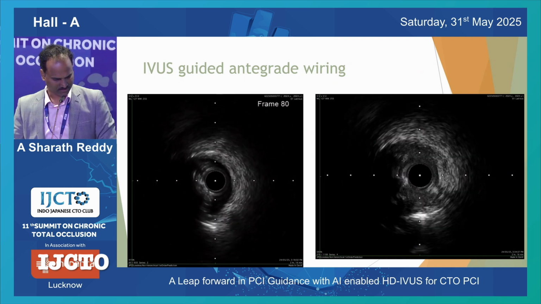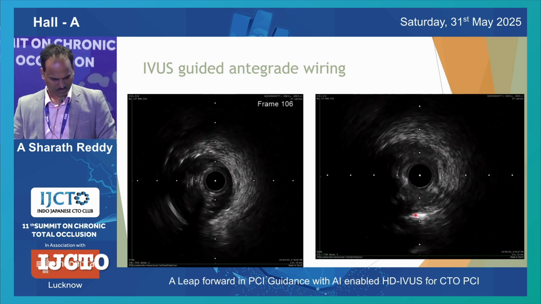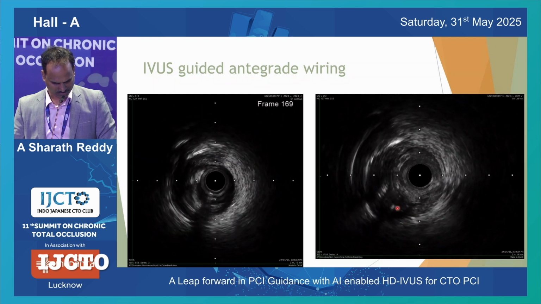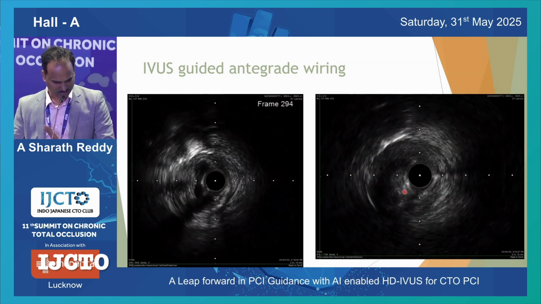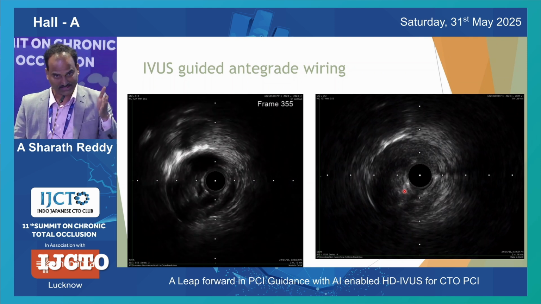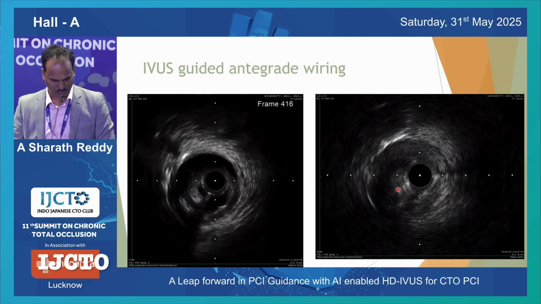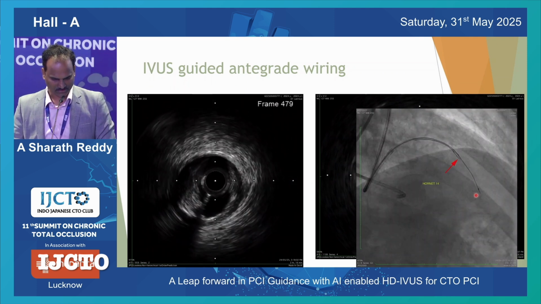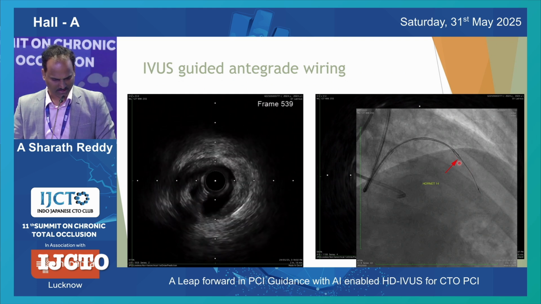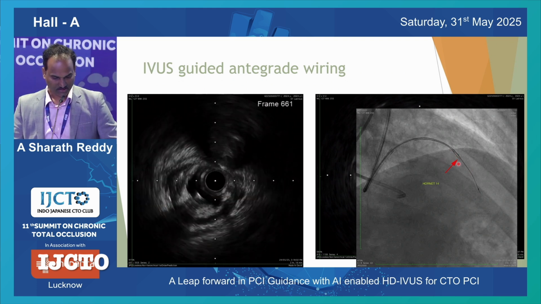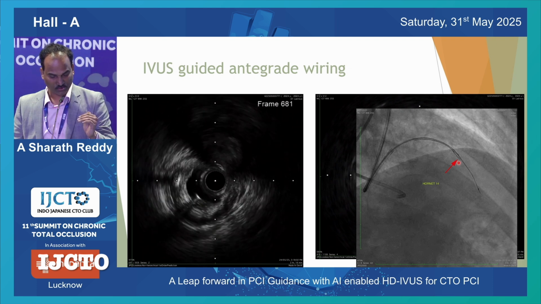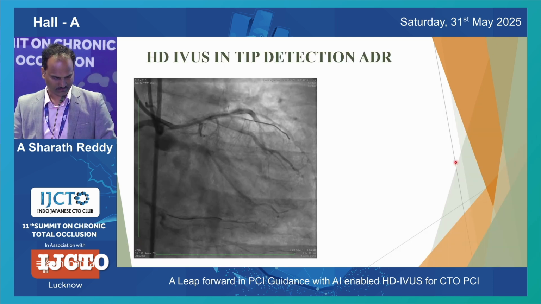So this is a true lumen, and this is a wire, which is going from false lumen to true lumen. That's the entry point of the true lumen. And you can see this is a Hornet wire, which I wired into the true lumen, and subsequently you can advance your microcatheter into the true lumen and come back to your workhorse wire, and you can finish the procedure.